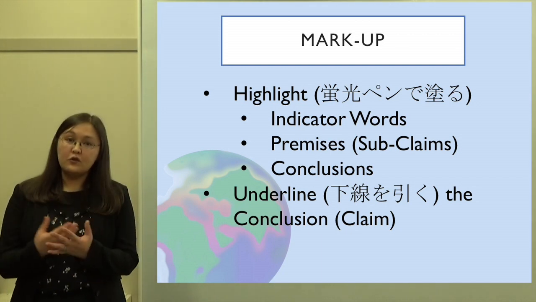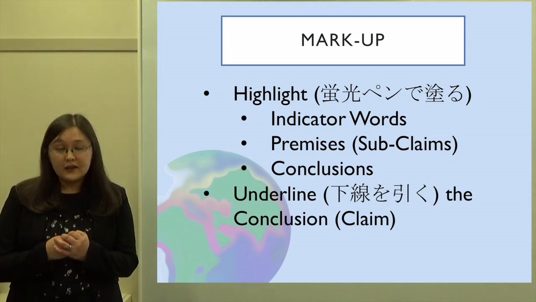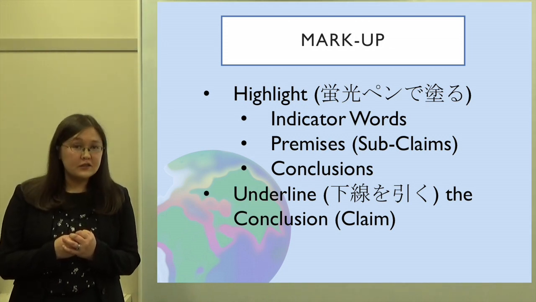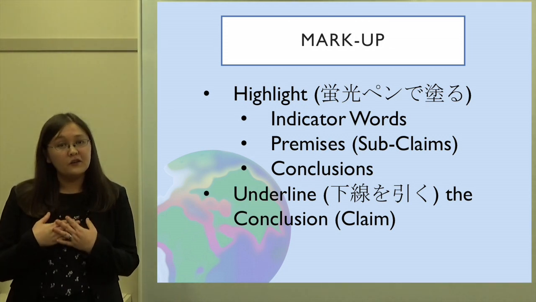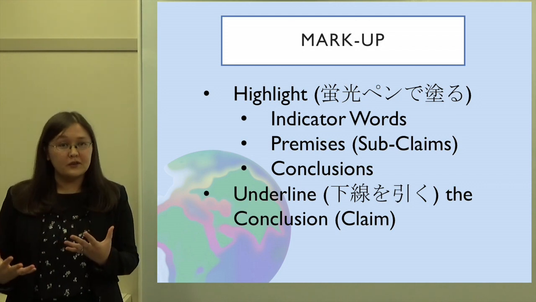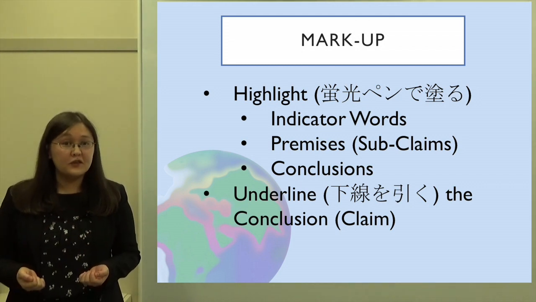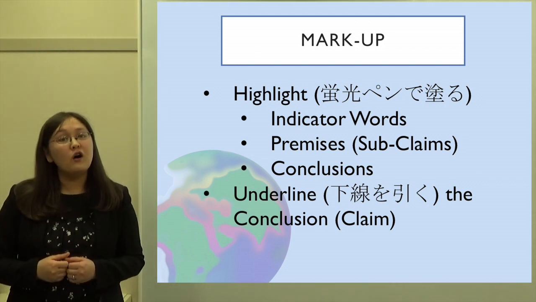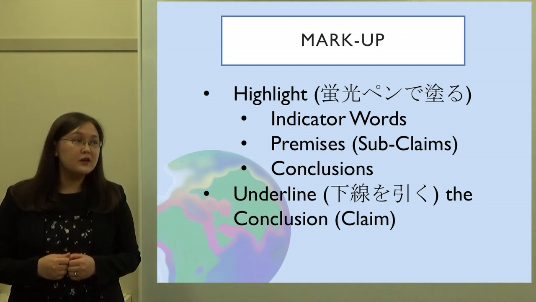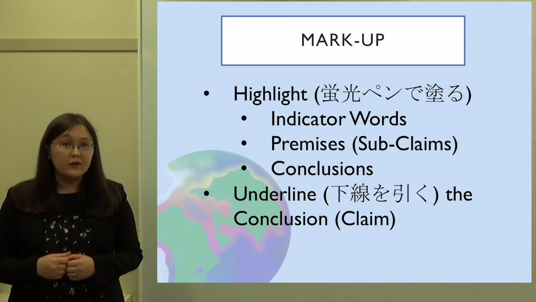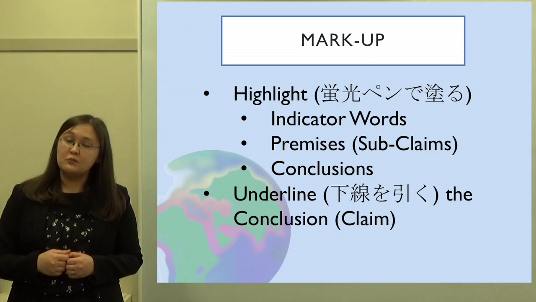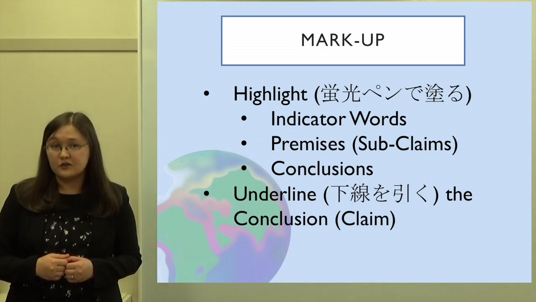So, in order to be able to use indicator words and premises and conclusions in our own writing, we need to become familiar with them. The easiest way to do that is to find something that you already want to read. Maybe it's a book chapter. Maybe it's a web page. Maybe it's an academic journal article.